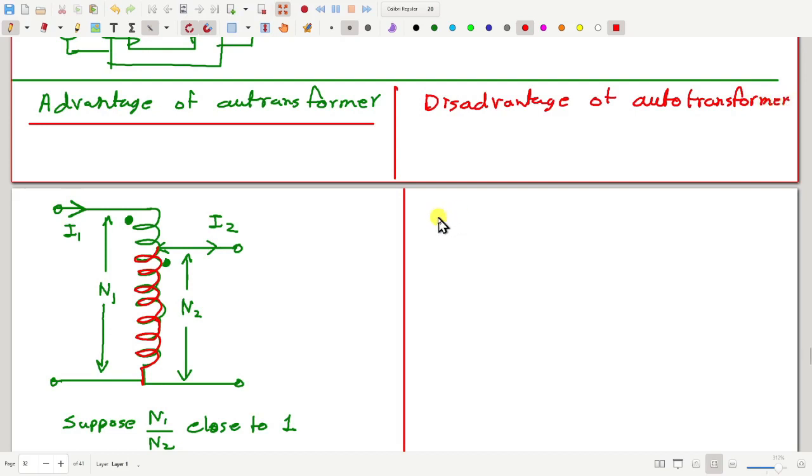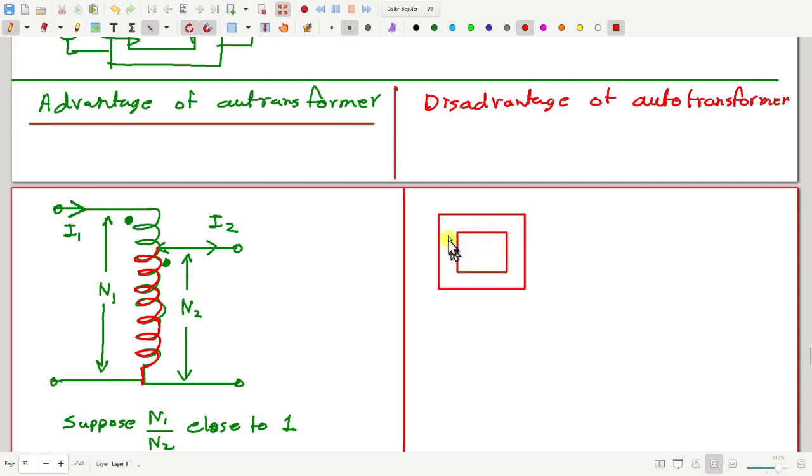Suppose I have a two winding transformer, and suppose N1 is much larger than N2 for this, and now I take an auto transformer with the same N1 and N2.